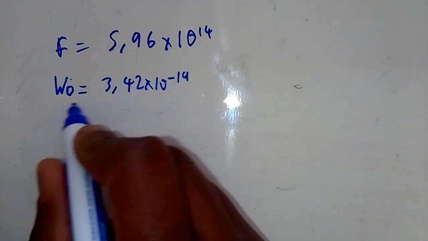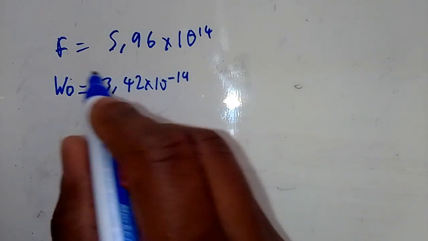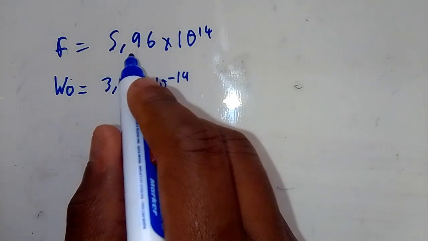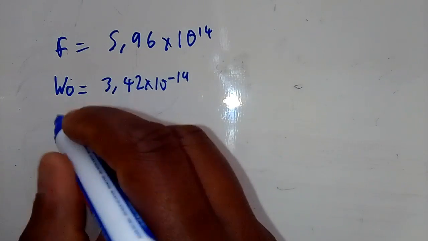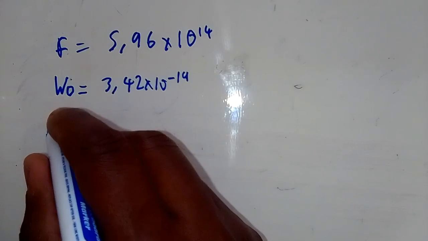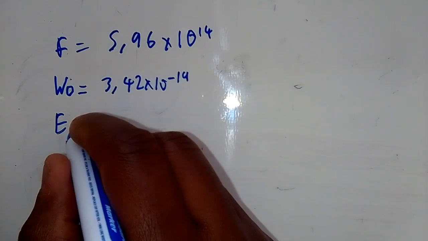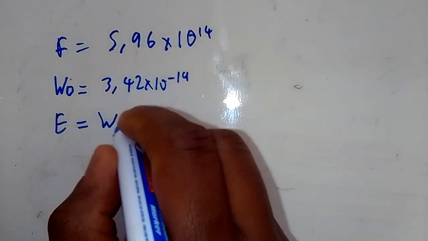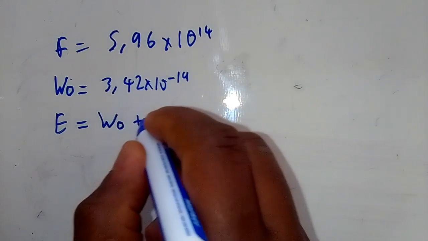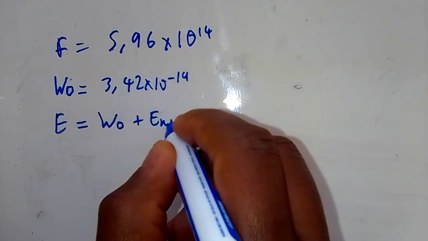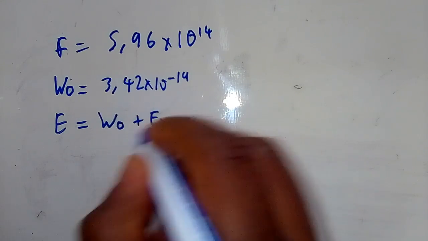Alright, so here they gave us the work function of the metal, and they gave us the frequency of the light that is shone on the metal. They want kinetic energy. So we know that the energy of the light that is shone is equal to the work function plus the kinetic energy, EK max.